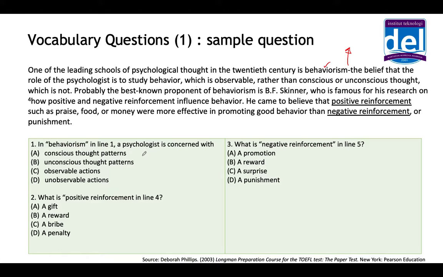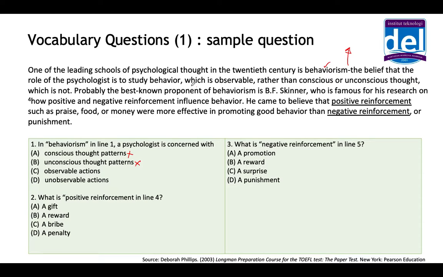If we look at the options, option A says conscious thought patterns. This is the wrong answer because the psychologist is concerned with the observable one. Similar to A, option B is also not correct. And what about option C? It's observable actions.